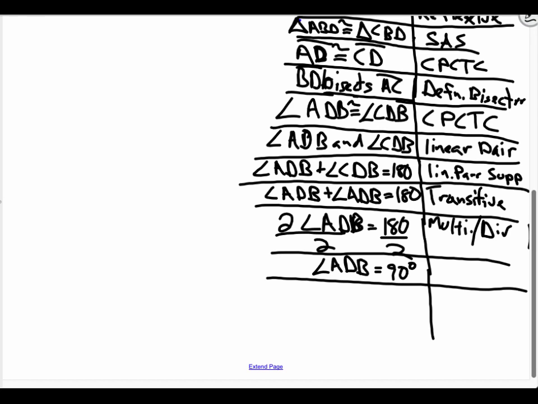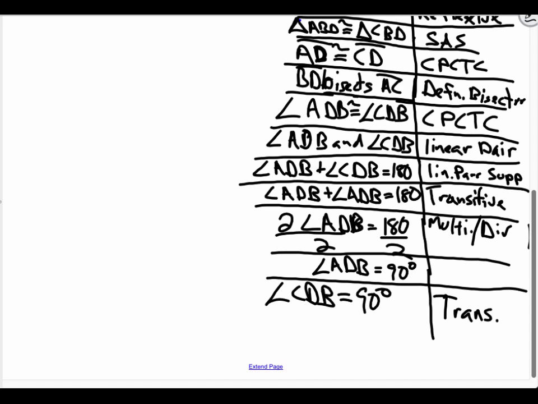Well, that means that because they're congruent, then angle CDB is also equal to 90 degrees. Technically, we could say that's a transitive property. There's lots of ways. I've kind of gone off the script.